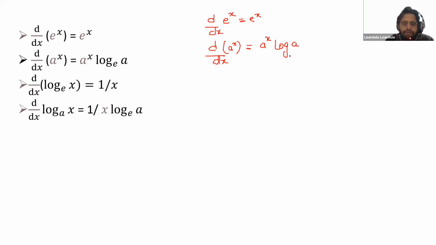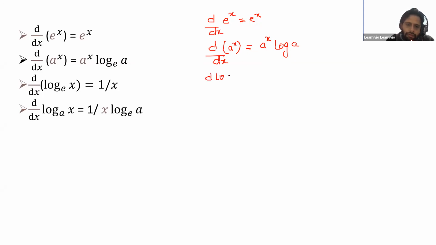No base is given here, so that means it is a natural log. Okay, Krishna? Yes, sir. So for the exponential function the derivative is e to the power x, while for the a to the power x function we get the derivative a to the power x into log a.